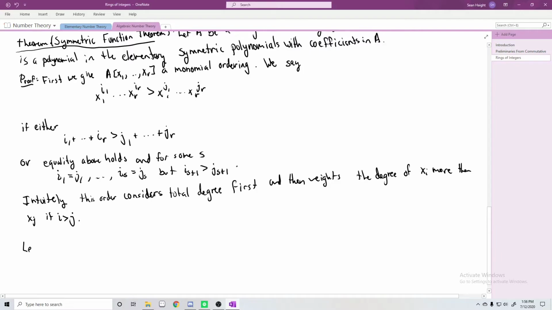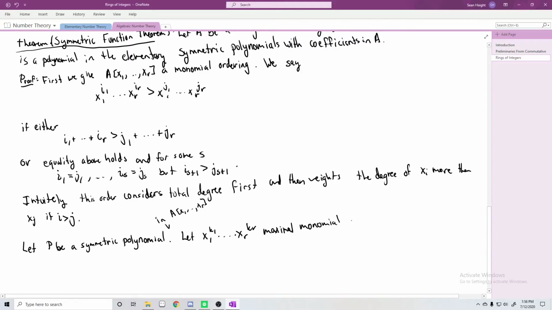So I'm going to let P be a symmetric polynomial in A[x1 through xr]. And I'm going to let x1^k1 through xr^kr be the biggest, the maximal monomial in P with respect to the above order.